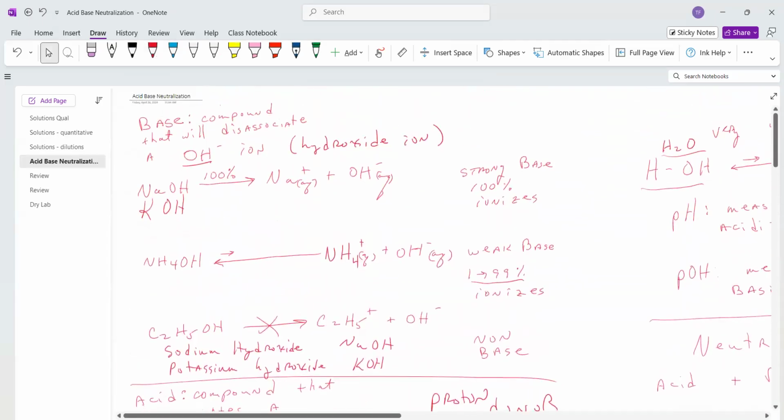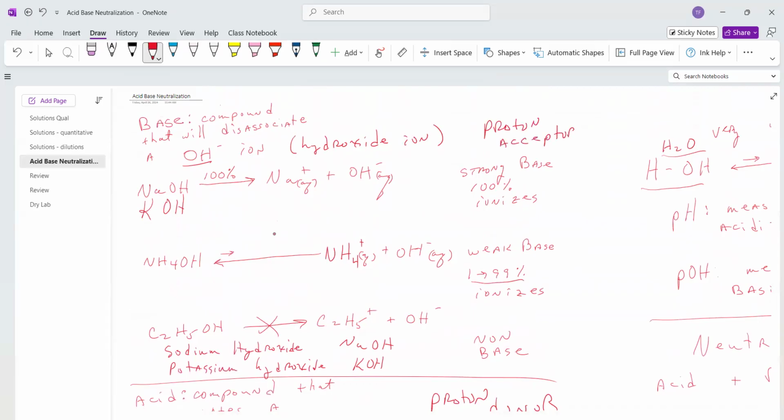In a minute, I'll talk about it, but bases frequently are referred to as proton receptors. You have a donor and a receptor, or a donor and a recipient.